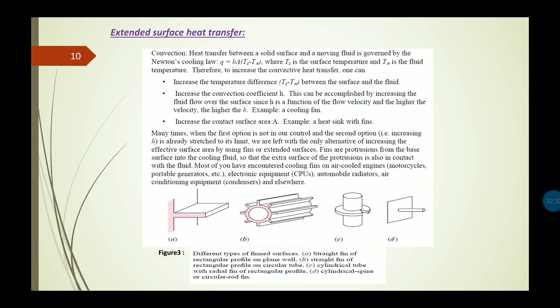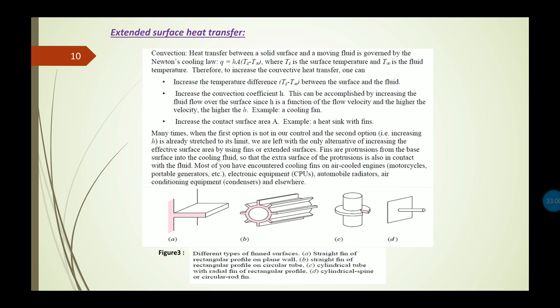So in this figure 3 we can see different types of fin surfaces which are attached to the base surface. In the first diagram, 3a, we can see the straight fin of rectangular profile on a plane wall. Next, in figure 3b you can see a straight fin of rectangular profile on a circular tube. In 3c you can see a cylindrical tube with radial fins of rectangular profile on its periphery.